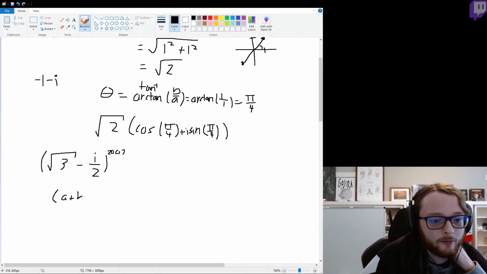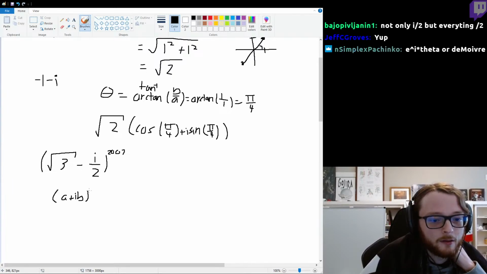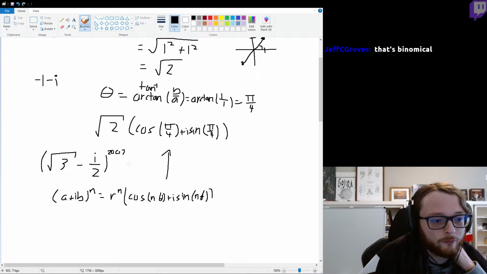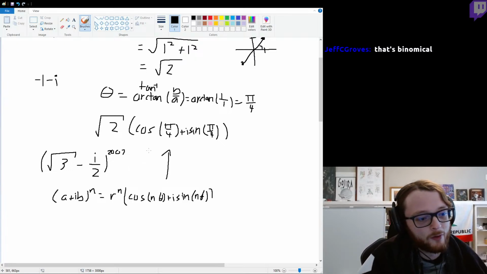A plus IB to the n is equal to r to the n times cosine n theta plus I sine n theta. So you do the exact same thing that I showed you up top here, but you just plug in your n. In this case, you have 2007. Oh yeah, or as Obi said, you get into exponential form in the formula. You don't have to memorize it if you do that.